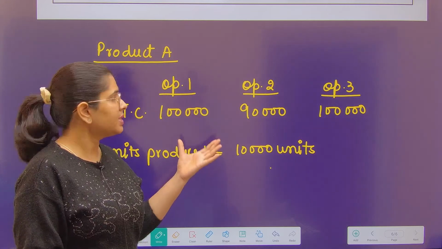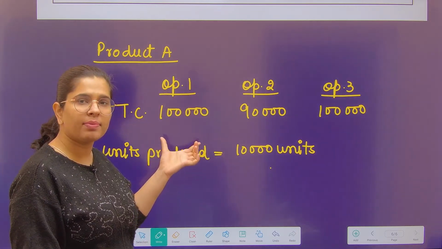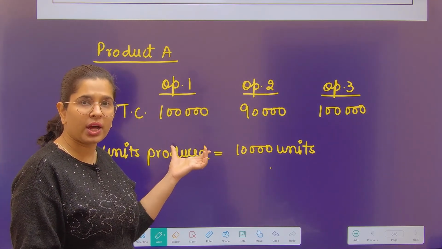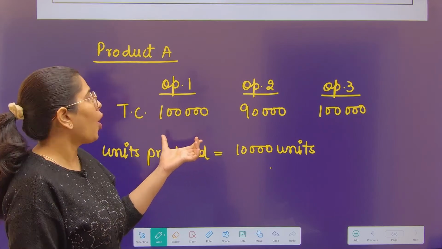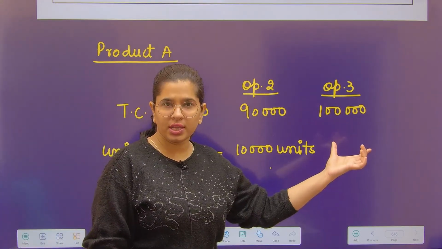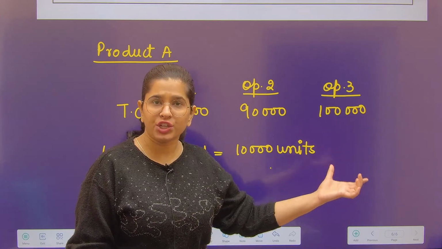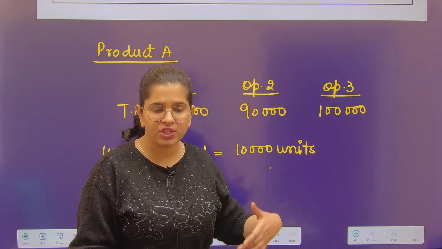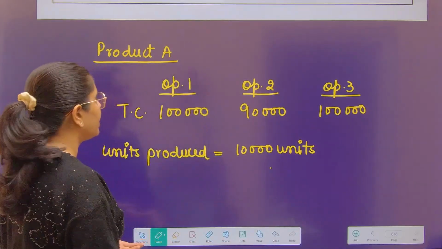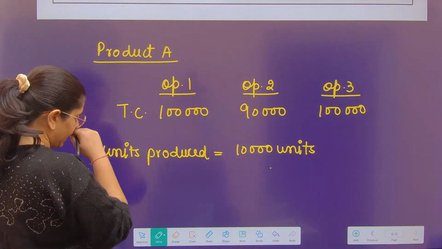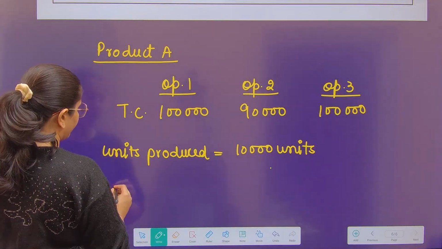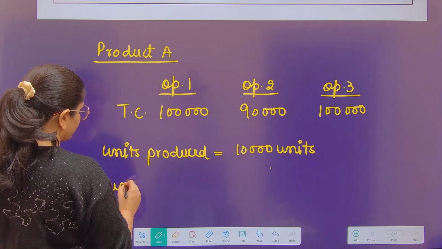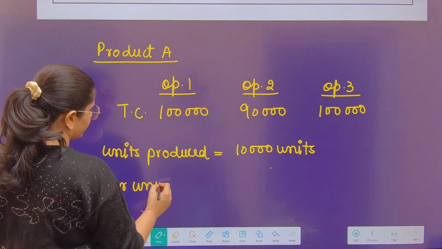The assumption is, suppose operation number 1 is the mass production operation. Operation 2 and operation 3 are related to the additions or customizations which I have added on. Right? Now the task will be how I will calculate per unit cost.